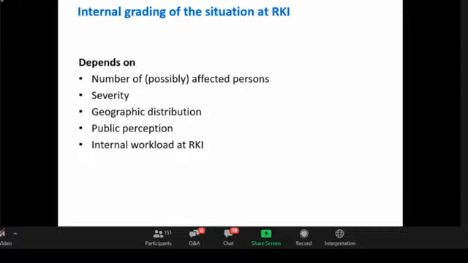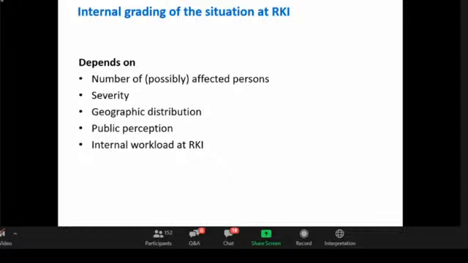How do we decide whether we need an Emergency Operations Center or a coordination office? There are a couple of indicators we use, for example, the number of possible affected persons, but also the severity and geographic distribution. Is it just in one city, or in a federal state, or in several federal states? Then, of course, public perception is very important.